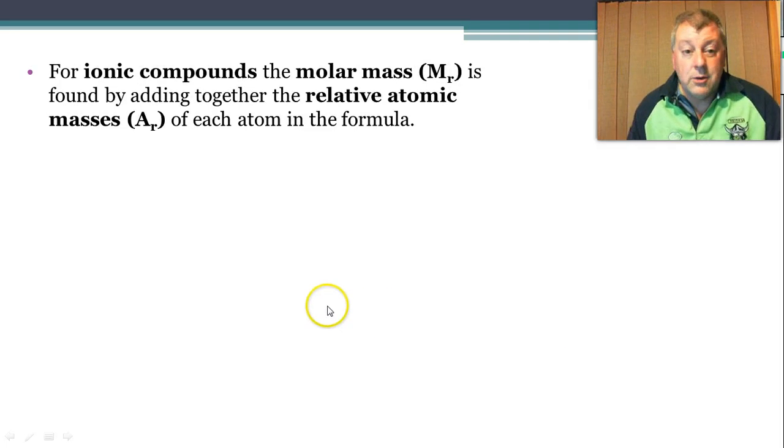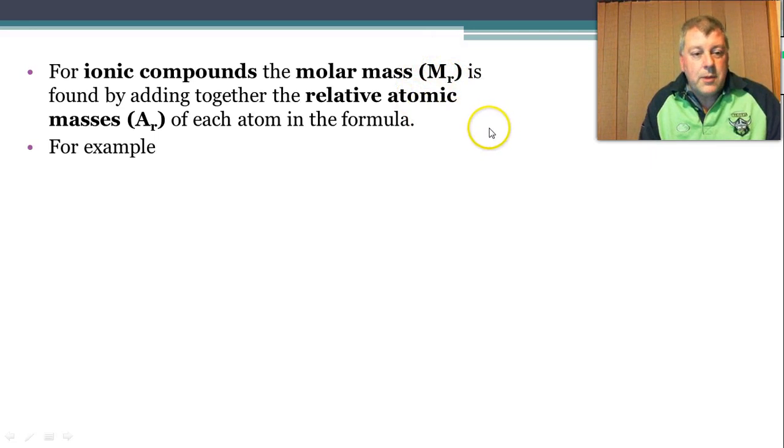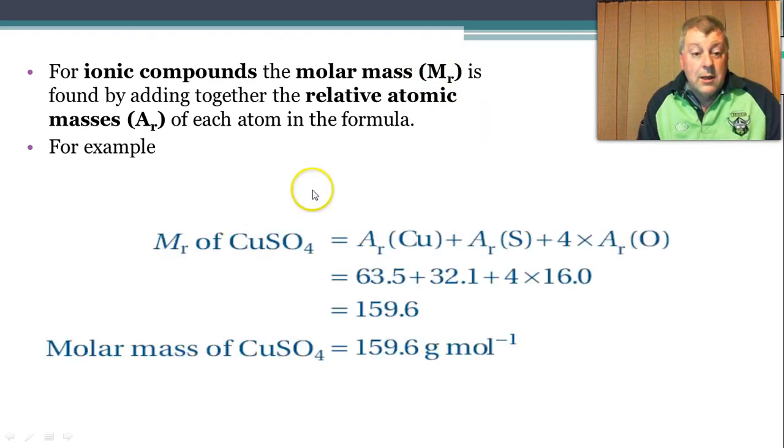What about ionic compounds? Well, to work out the molar mass of ionic compounds, we add together the relative atomic masses of each atom in the formula. And sometimes the symbol capital M with an R is used for this. For example, copper sulfate. So copper sulfate contains 1 copper, 1 sulfur and 4 oxygens.